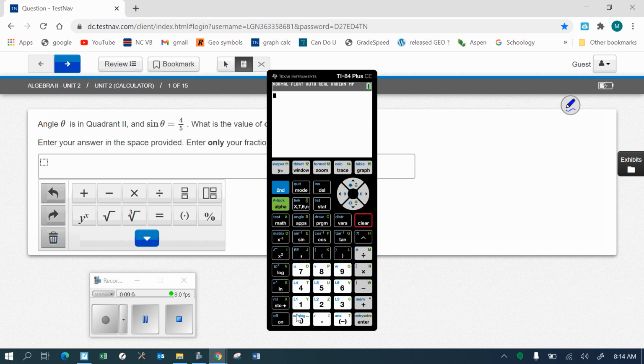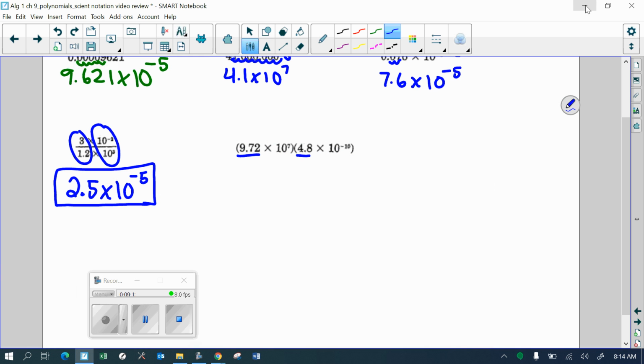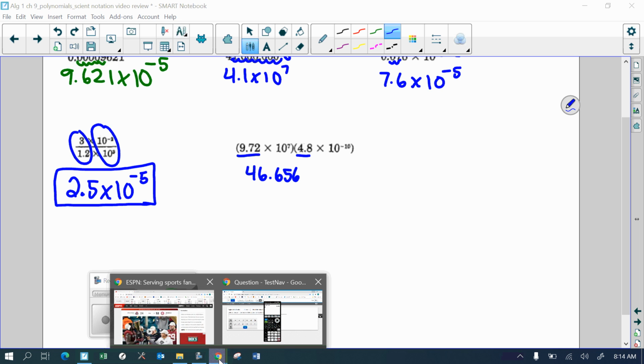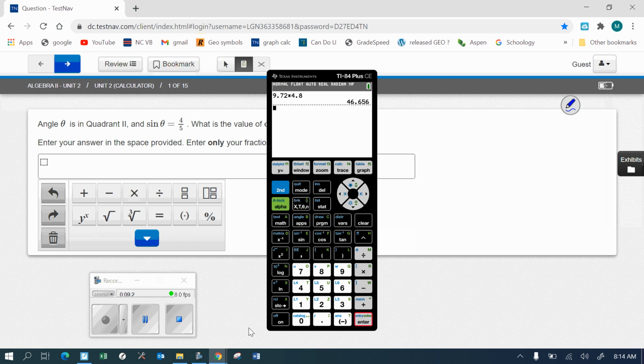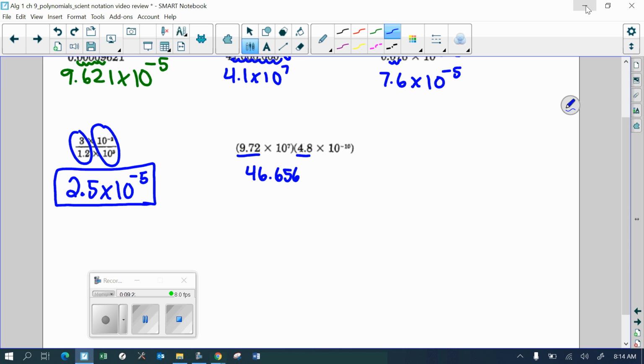Notice it gives me 46.656. Let's just verify I wrote that down right. Yes, 46.656 times 10 to the what?